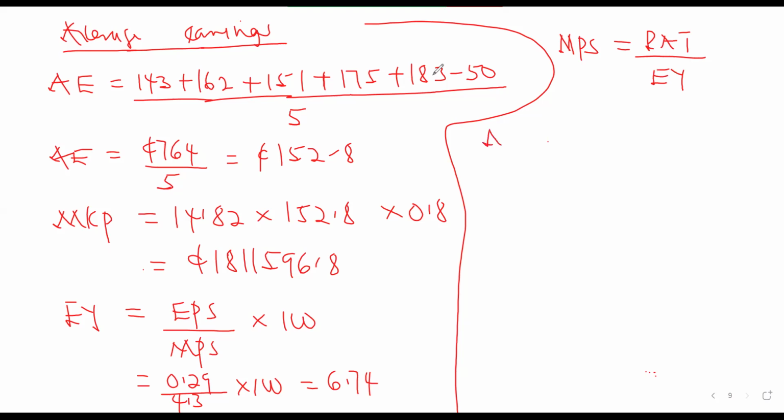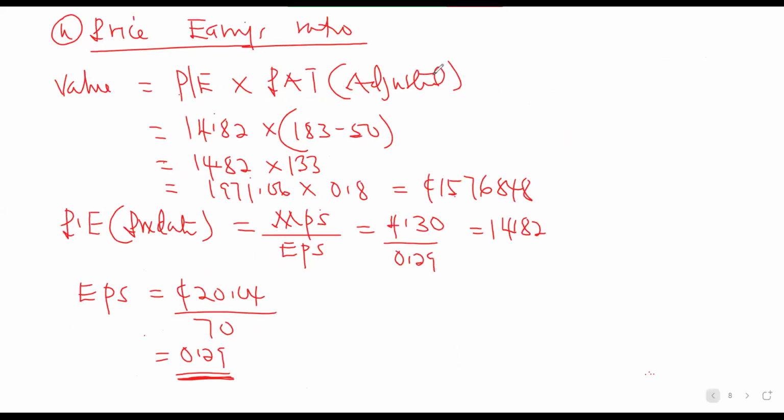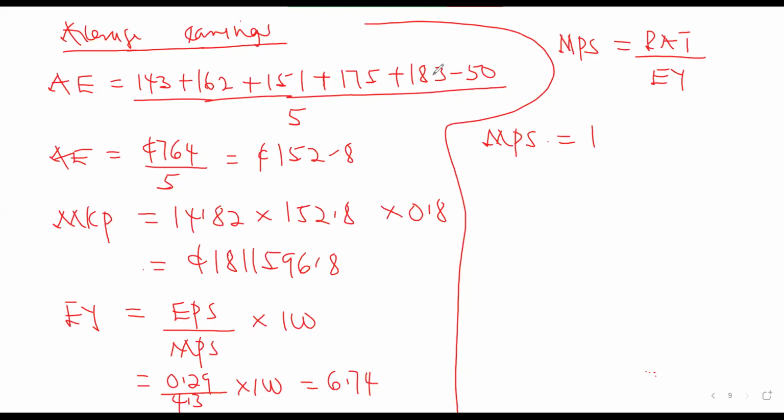So market value is equal to profit after tax for them, which was 183 minus 50. So that will be 133 divided by the earnings yield, and we have to increase this by maybe 20%. So 1.2 multiplied by 0.0674.